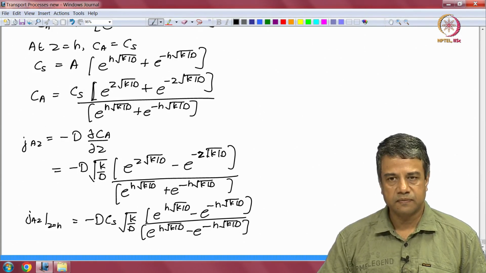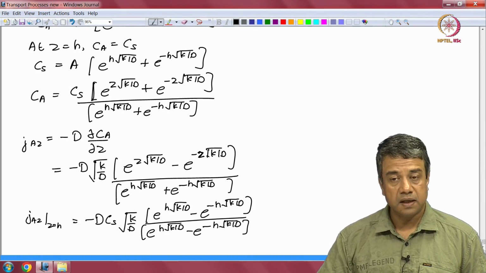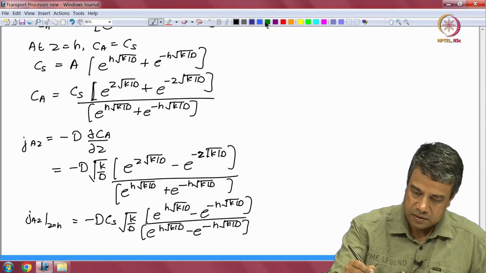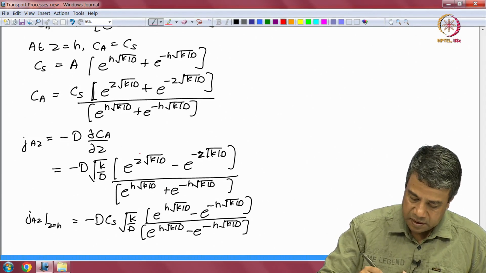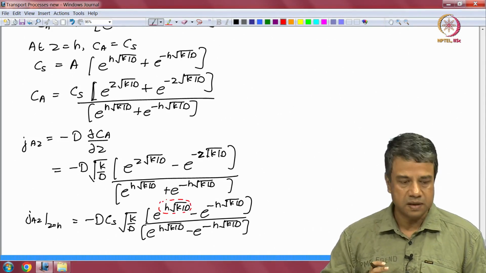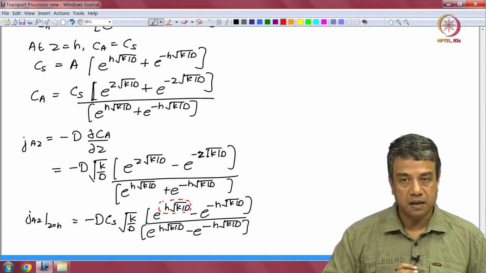Let us try to get some physical interpretation here. K has dimensions of inverse time. Diffusion coefficient is length square per time. So, this is a dimensionless group. This h root of k by d is a dimensionless group, which is the ratio of reaction and diffusion.